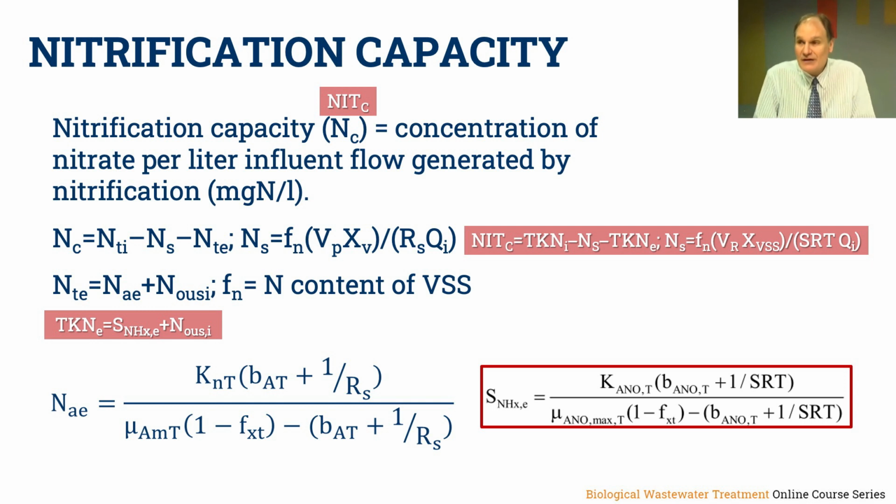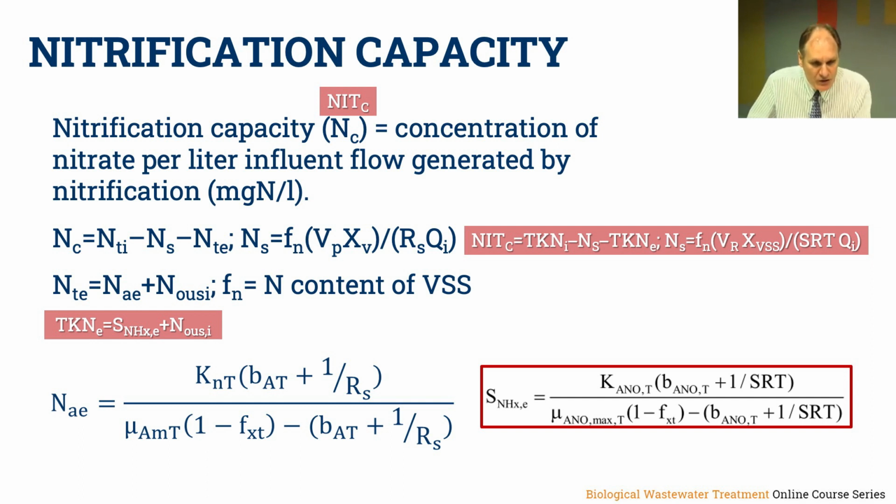Divide that by the sludge age, gives me the mass of volatile solids that I harvest per day from the biological reactor, times the nitrogen content of the volatile solids, then gives me the mass of nitrogen, kilograms of N per day, that I am harvesting from the biological reactor, and divided by the influent flow to express that mass as a concentration equivalent in the influent flow rate. And so this NS is the nitrogen that's required for sludge production.